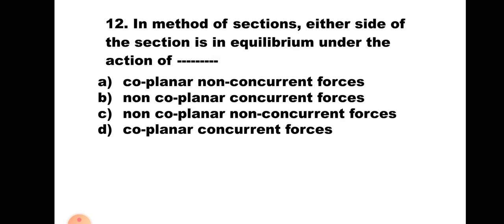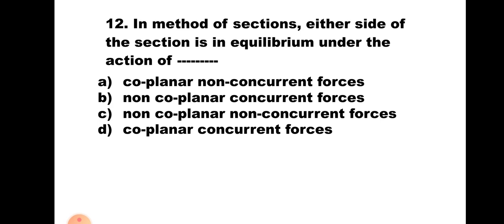Question number 12. In the method of sections, either side of the section is in equilibrium under the action of: A, coplanar non-concurrent forces; B, non-coplanar concurrent forces; C, non-coplanar non-concurrent forces; and D, coplanar concurrent forces.